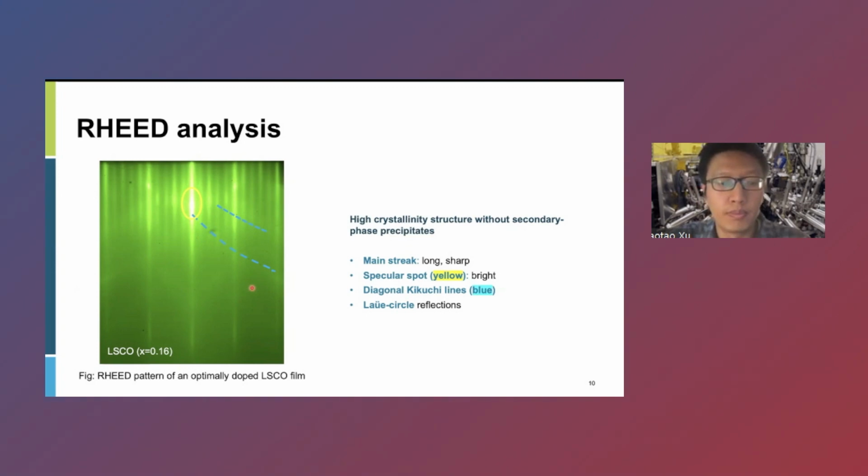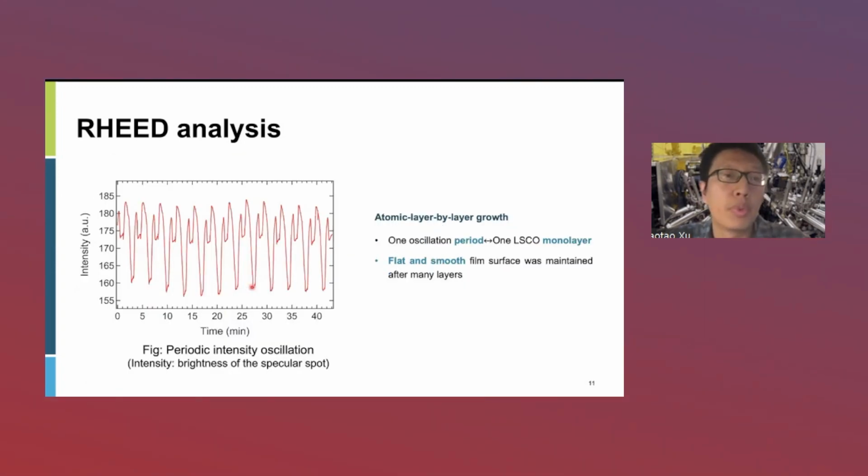Another important piece of information from the RHEED is the periodic intensity oscillation, which is taken from the brightness of the specular spot. So on the left-hand side is a plot of the intensity oscillation.